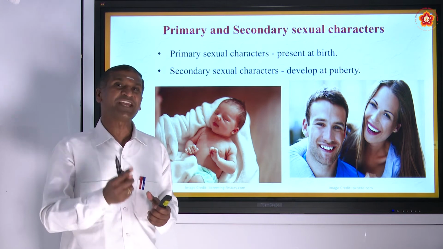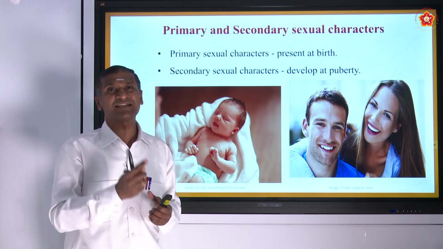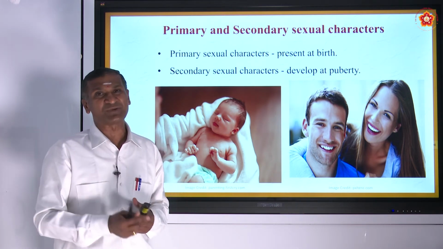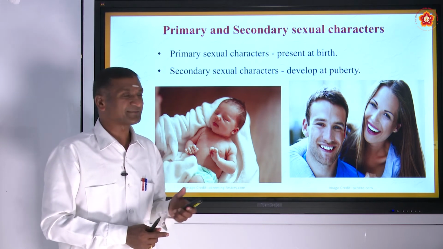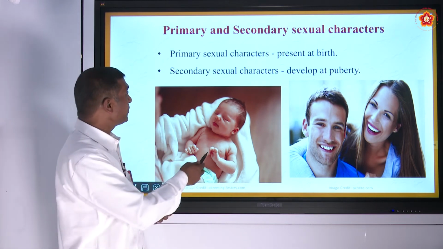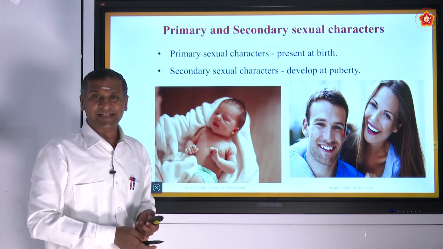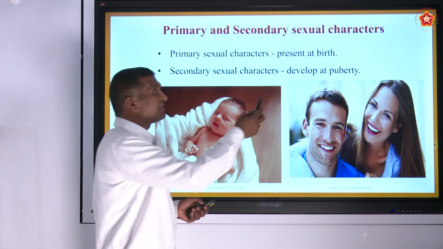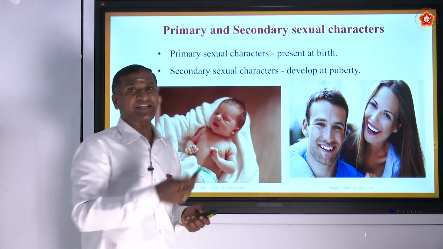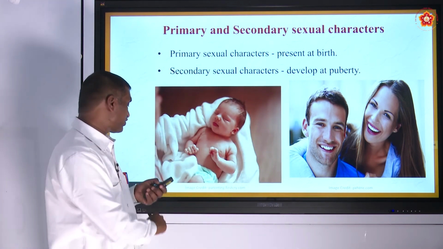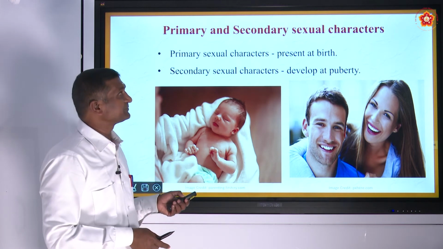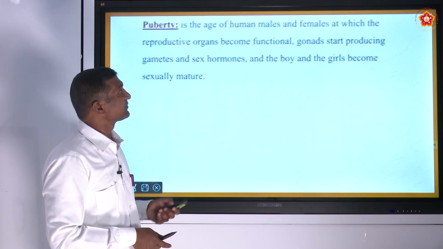The never-changing and everlasting is the Supreme God, which we should remember, dear students. So from birth, the primary characters, and at the puberty stage, the secondary sexual characters develop.